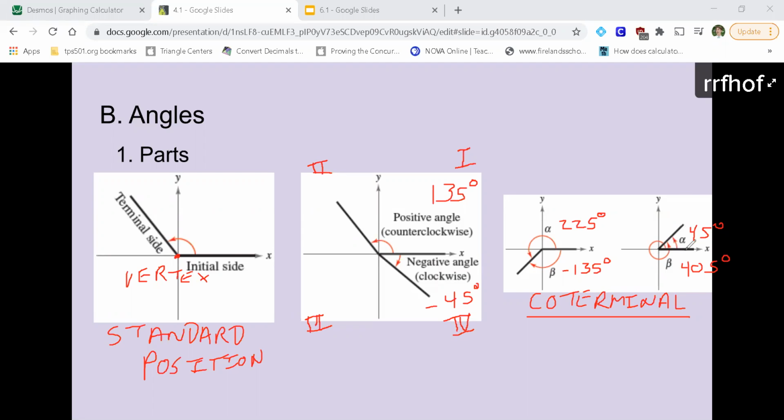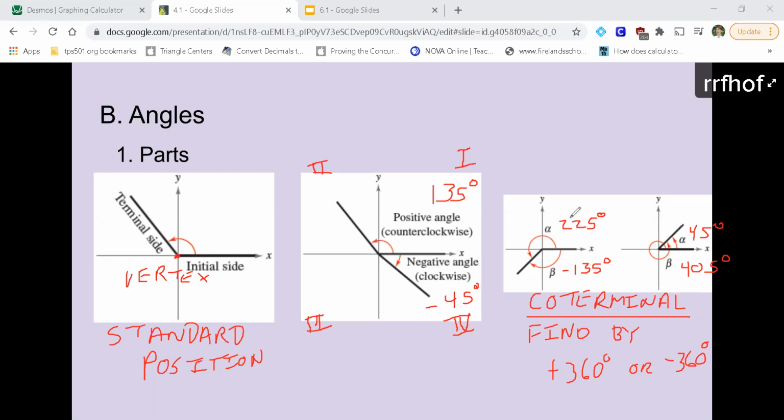I can make another angle theta by doing 2 revolutions and then continuing and stopping there. Or I could do 3 revolutions and then stop here. So long story short, you can find coterminal angles by adding 360 degrees to your angle or subtracting 360 degrees from your angle.